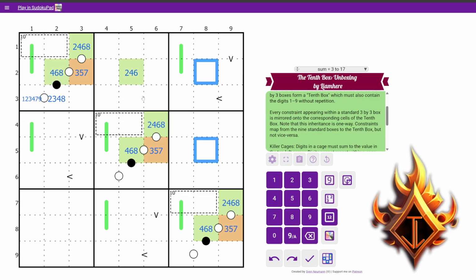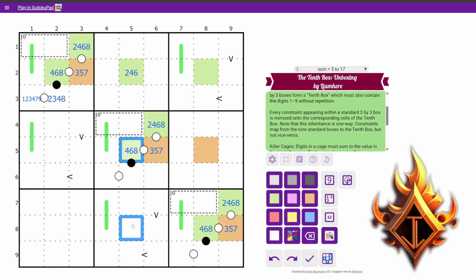This one and this one are consecutive, so they will be an odd and an even. This one and this one are also consecutive, so that makes that even and that one odd. This one and this one will be in a 1-to-2 ratio, so this can be 2, 3, or 8.